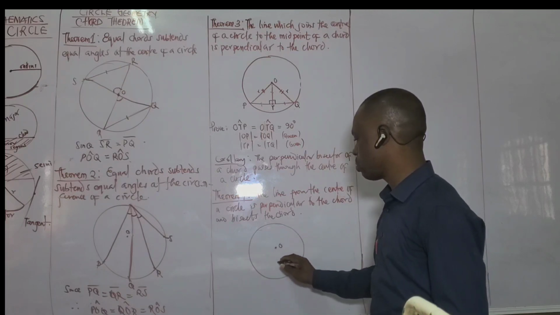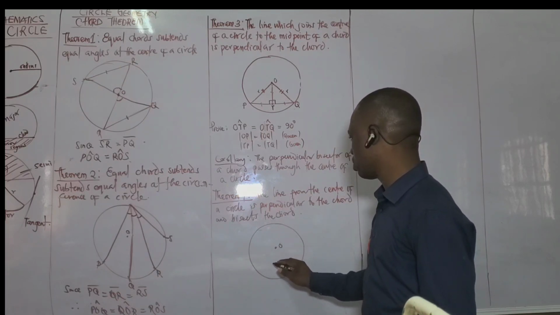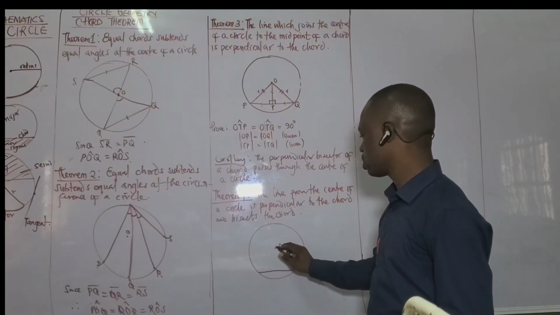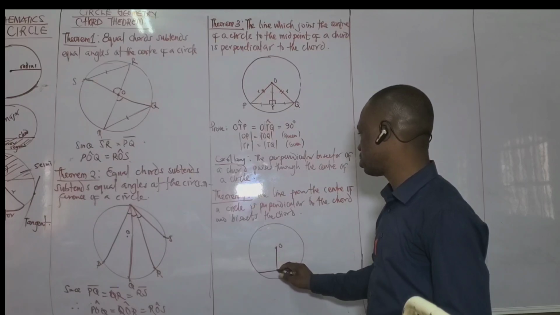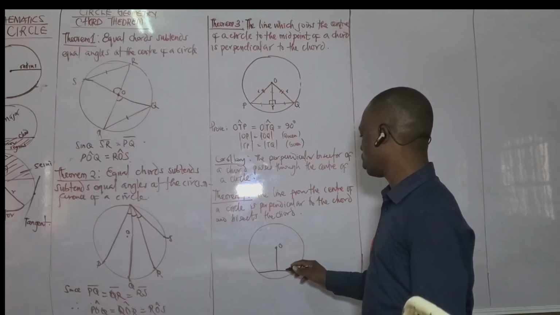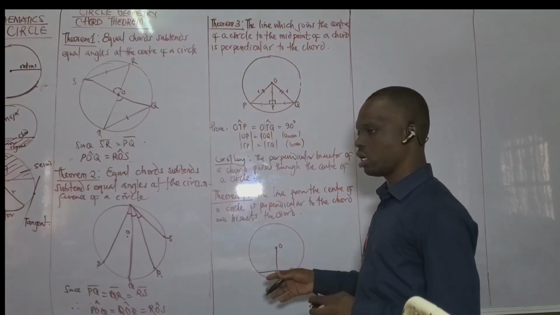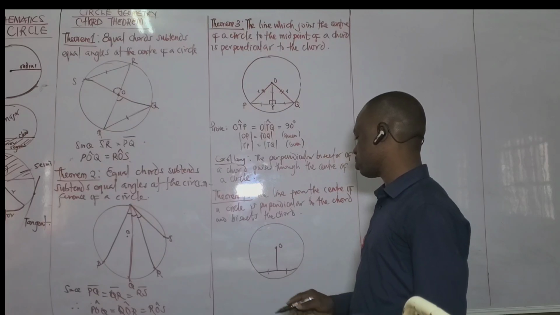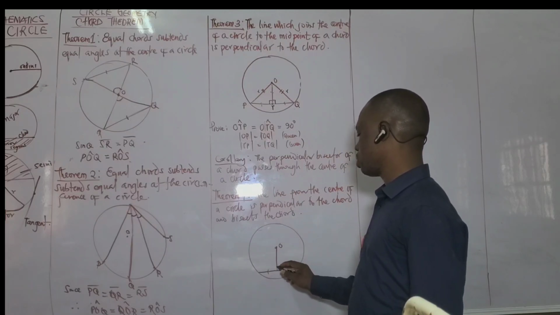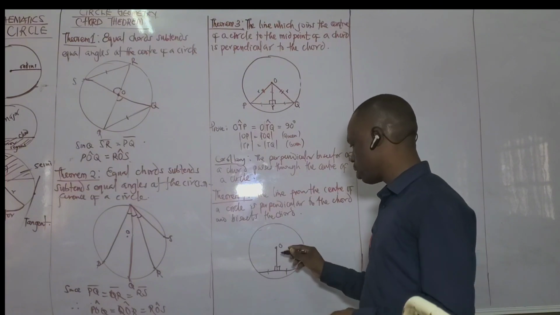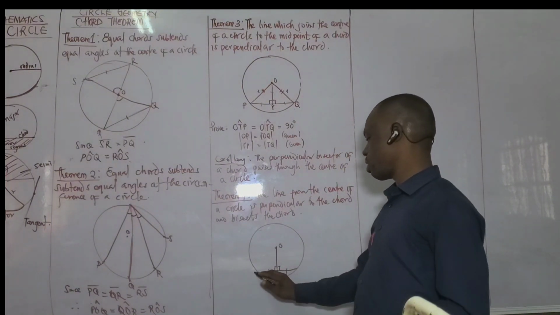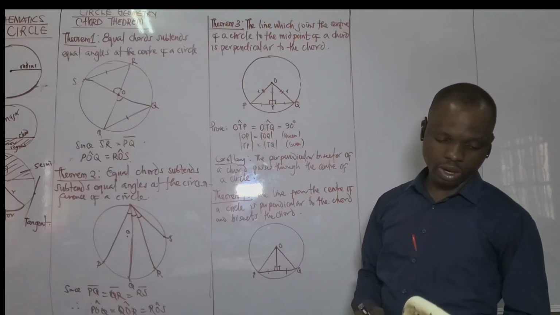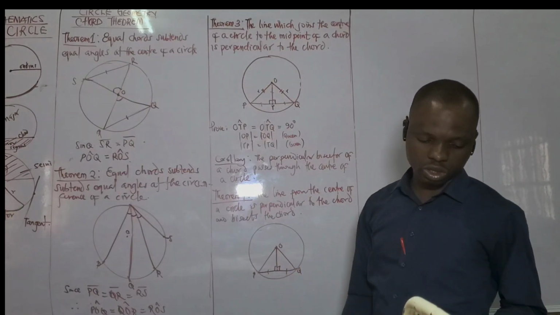We have center O. This is the chord. This line from the center of the circle bisects. When we say bisect, it means it cuts the particular thing you're talking about into two equal halves. That means this side is equal to this side, and it's perpendicular. So if you have PQ here and you join this to this, we already know that OP and OQ are the radii.